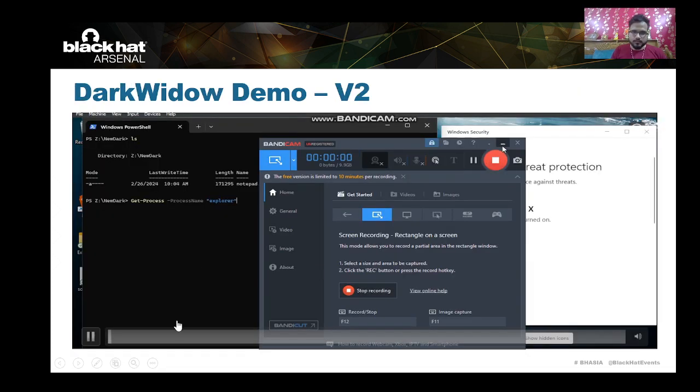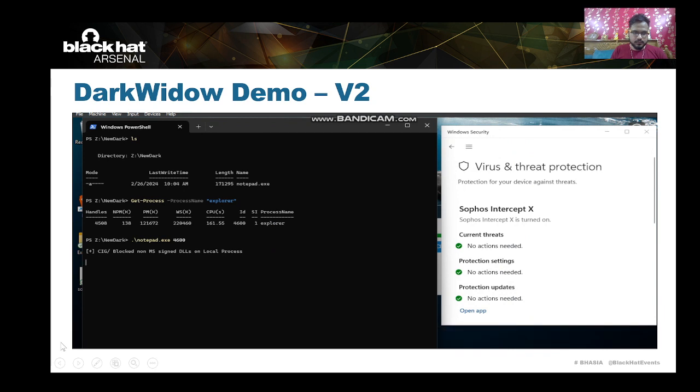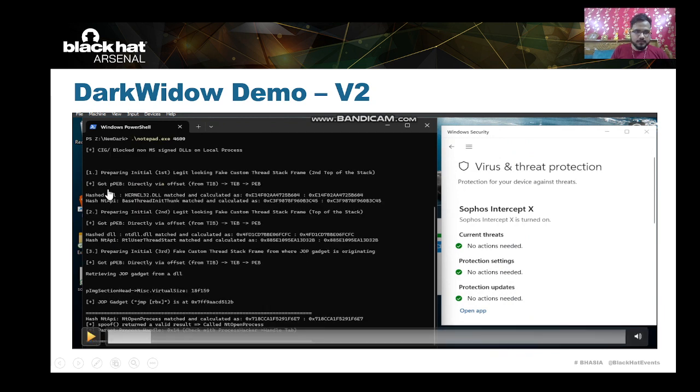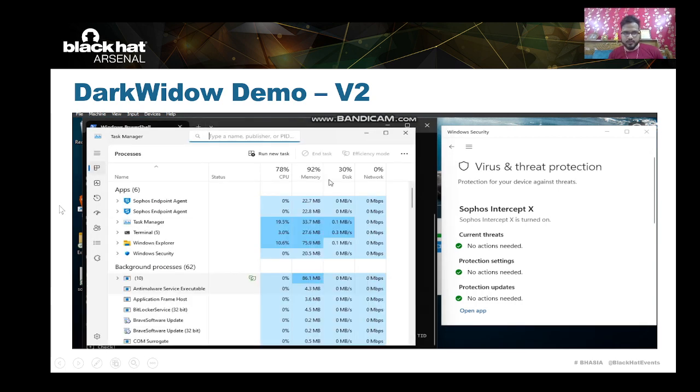Let me show you the demo. You can see here that the first initial legit looking fake custom thread stack frame is created, then the second one is created, then the jump gadget, and then it is spawning a particular sacrificial process.